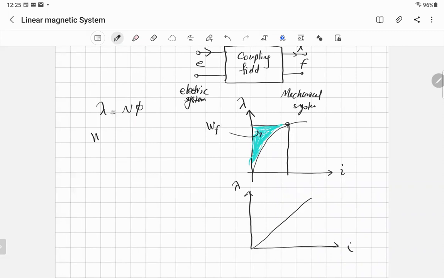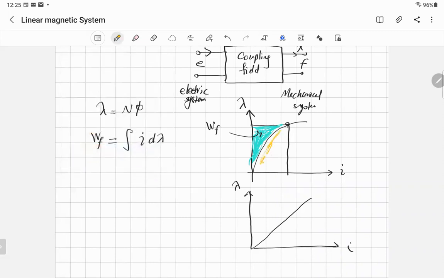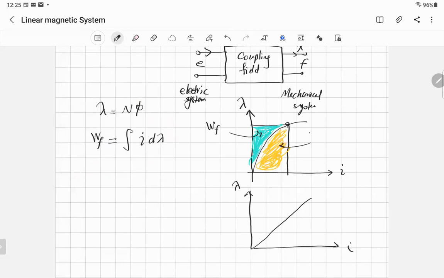So the stored energy in the coupling field is equal to the integration of i d lambda. And the other area, let's give it an orange color here. This area we call coenergy, and call it W_c. In many textbooks they use W_f dash, but I would just like you to use the name you remember. That's coenergy, the coenergy of the field.